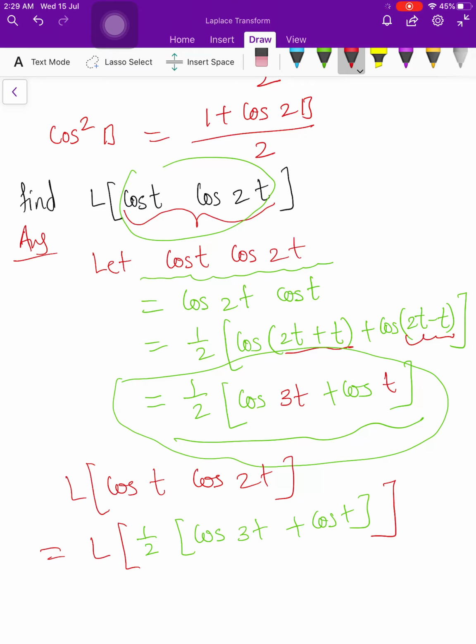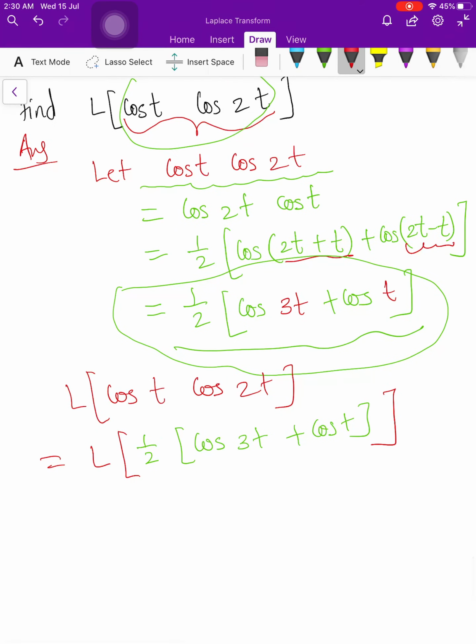Now you can use the linearity property. What does the linearity property say? It says that whatever constant there is will come outside, and we have a bracket and then Laplace. Please mark the steps, go slowly. Laplace of cos 3t plus cos t. This is step 1.